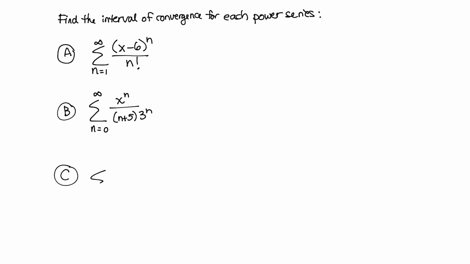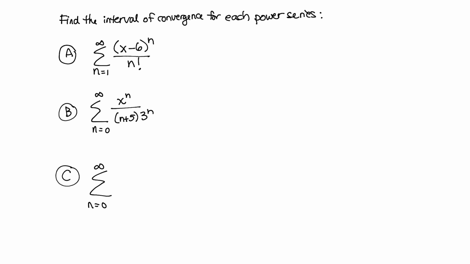And then the third one I want to test is n equals 0 to infinity of (negative 1) to the n times n factorial times (x minus 5) to the n over 5 to the n.